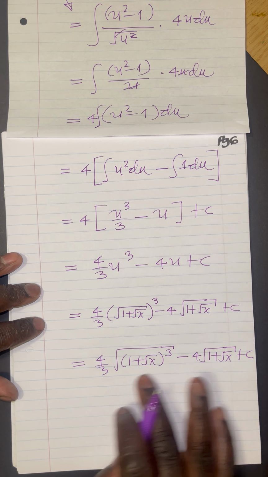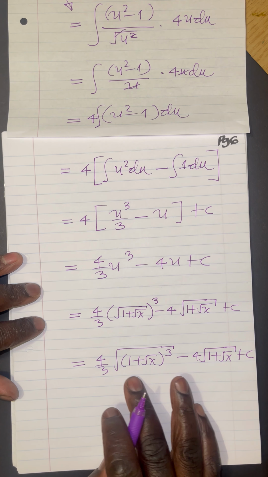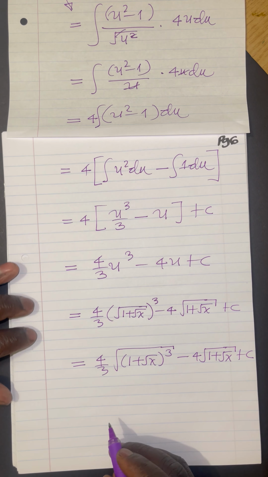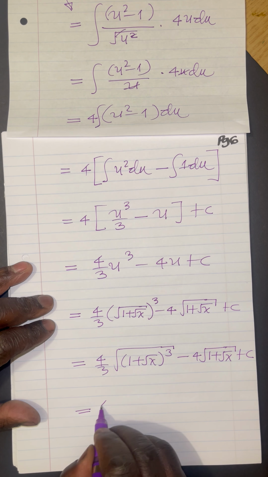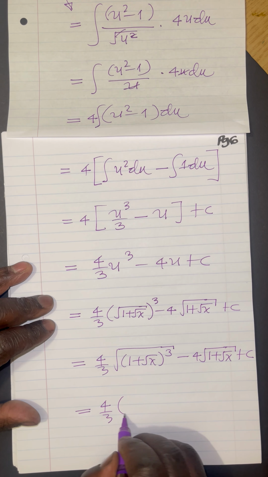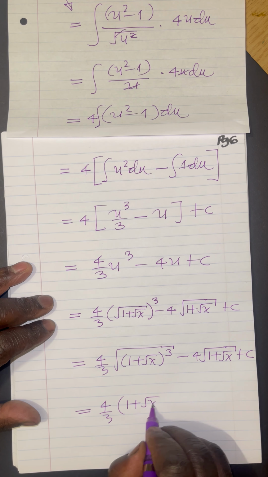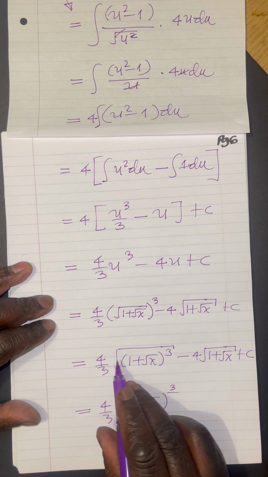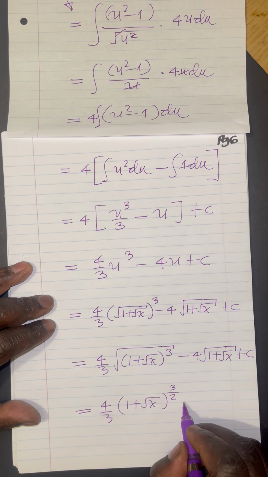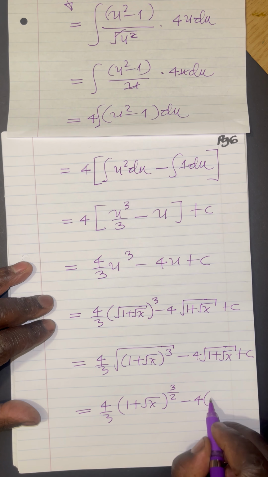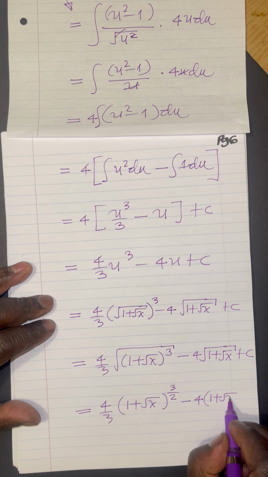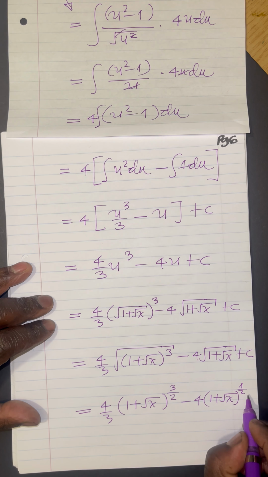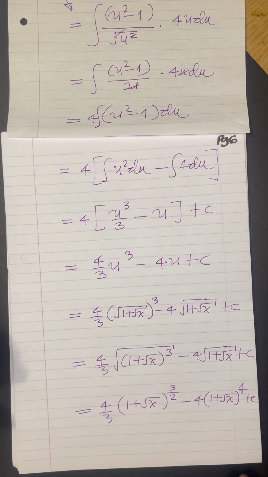Otherwise, this part here, you can also write it as, let me just give you another form here. Another form would be 4 over 3, and then we are saying 1 plus square root of x all to the power 3 over 2. Remember, taking square root of 3 over 2, and then we are saying minus 4. You can also write the same way, like that, power half, and then plus c. Both forms are just as fine.